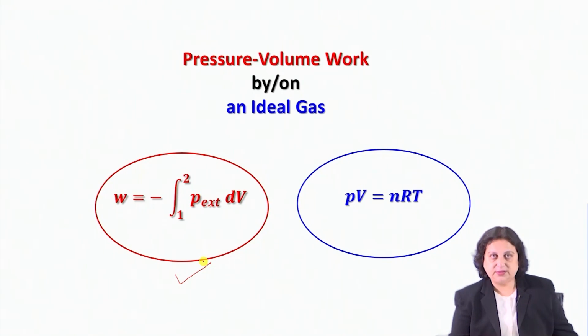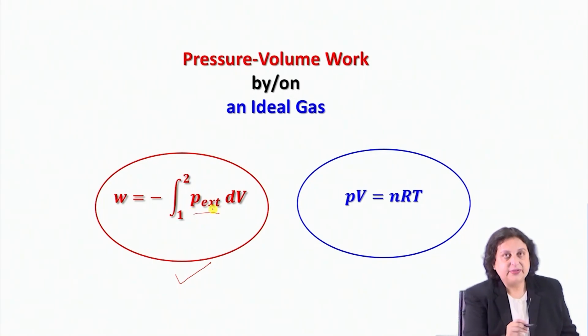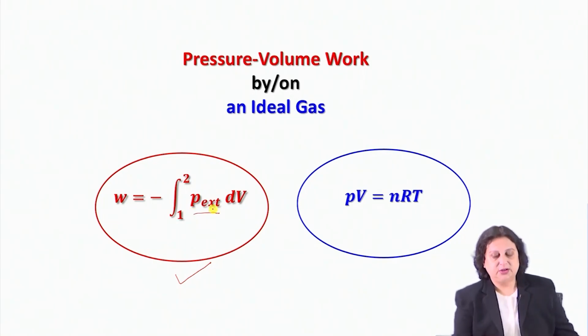And here, please remember that dV is the change in volume of the system as the system undergoes this change in state, and P external is the external pressure against which the system is changing its volume.